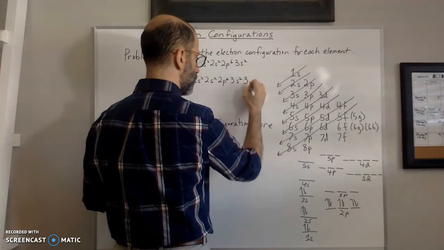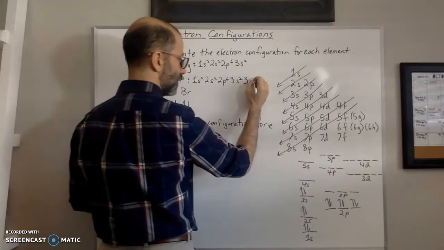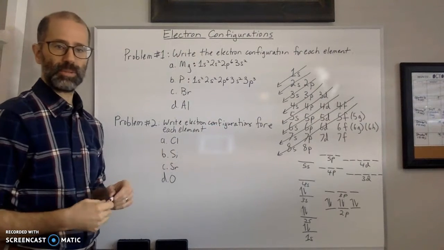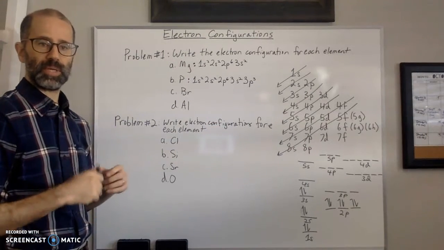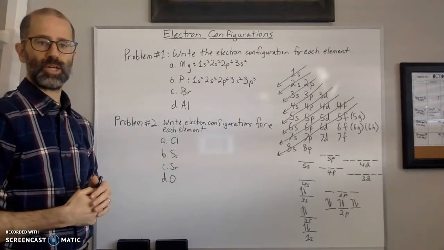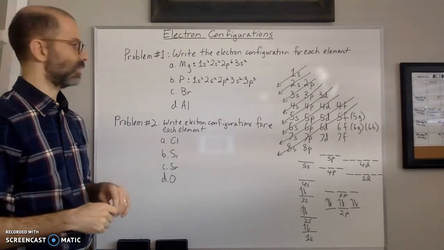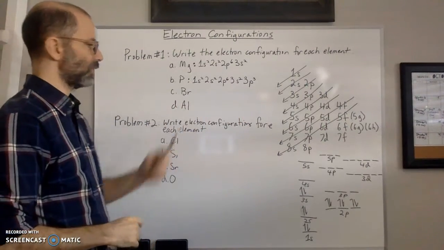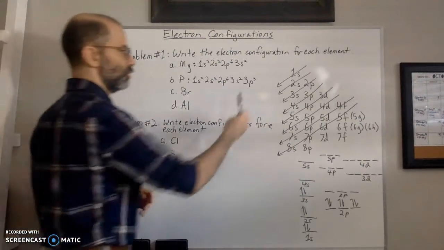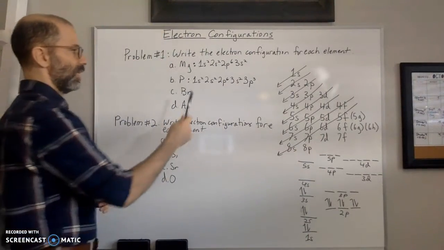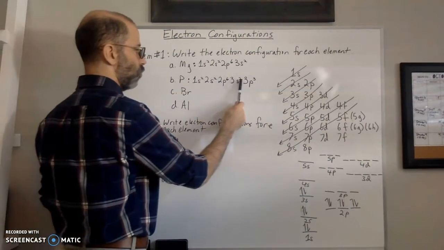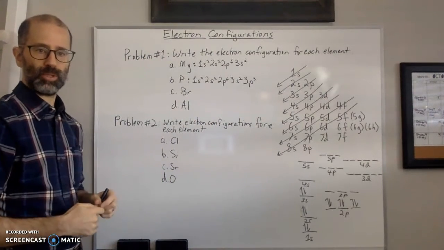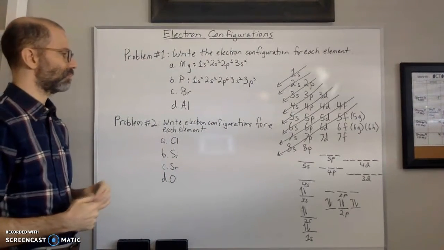So I have 3 electrons left, and those 3 electrons can go in the p, because the maximum number of electrons that can go into the p sublevel is 6. So this is the electron configuration for phosphorus. So you could use this to get the electron configuration, and then just make sure that the total of the superscripts add up to the total electrons in your element.